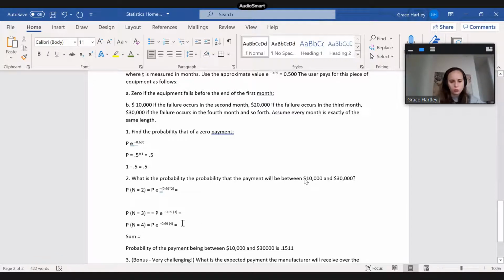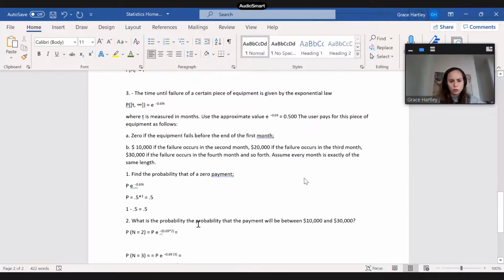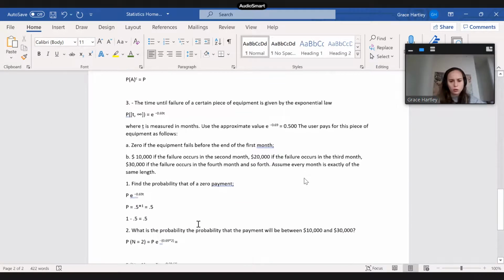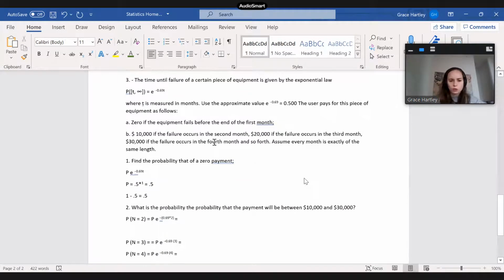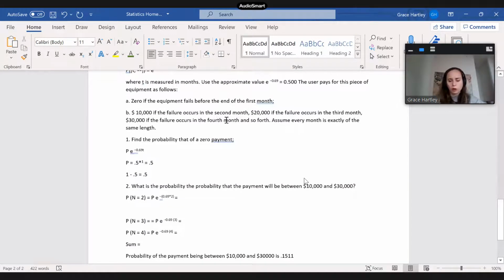You should look at the question. So that's the fourth month. The second month is 10,000, and the fourth month is 30,000, which is why there's the 2 and the 4.